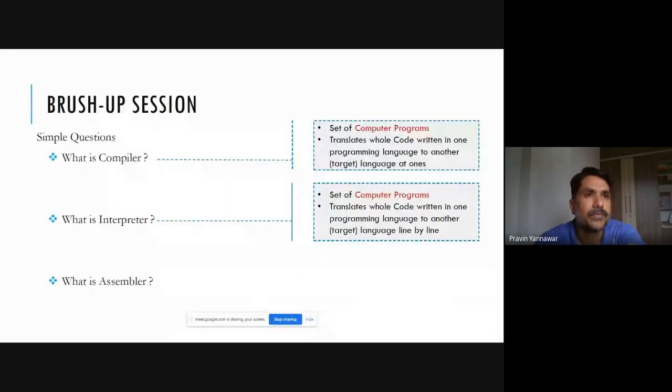So the time you press enter after writing a line or instruction, it immediately checks its construction. If the system finds some error in it, it will be immediately flashed out, so that you can handle those errors properly. Okay, so this is the difference between compiler and interpreter.